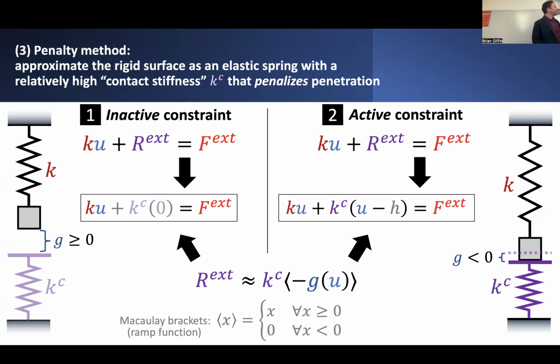And on the right-hand side, conversely, if the gap is less than zero, indicating that there's some interpenetration between the block and this surface, then I get minus some negative value, or in other words, Kc times the gap function. So I can plug that value directly into this expression, and now I have some additional term that depends on basically Kc times the gap function. All right, so that's really the short and long version of contact in one dimension.